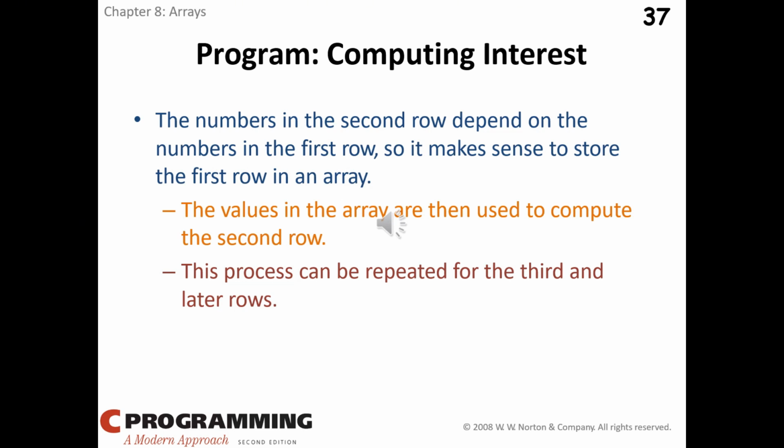Now, once we've stored the first row in our array, we can start computing the values for the second row. It's like using the blocks from the first row to build the second row on top of them. And we perform calculations based on the numbers in the array to fill in the values for the second row. And just like building a tower, this process can be repeated for the third and later rows.